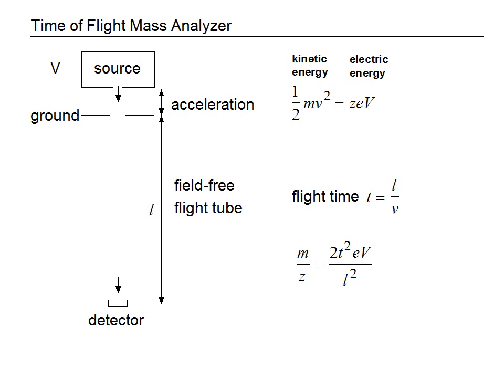This kinetic energy is equal to zeV, where z is the charge state, e is the elemental charge, and V the voltage that's applied. On the left side you see that the kinetic energy is 1/2 the mass times the square of the velocity, a well-known equation. We can now replace the flight time t, equaling the length divided by the velocity.